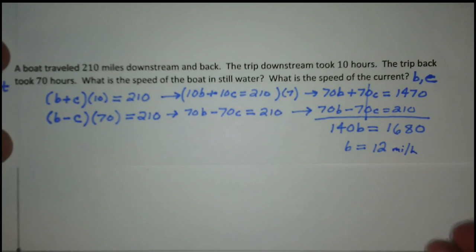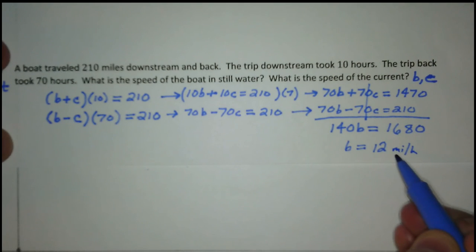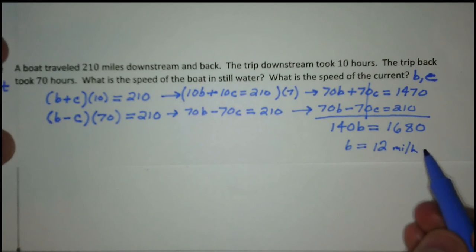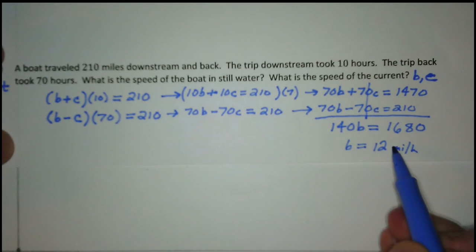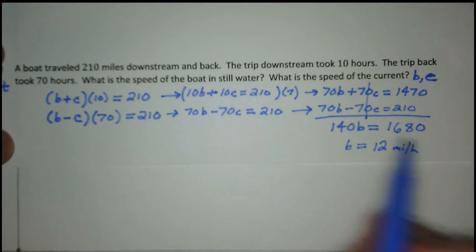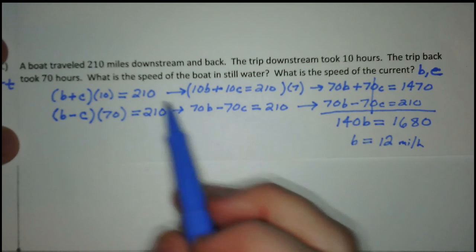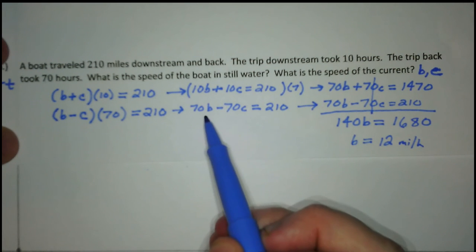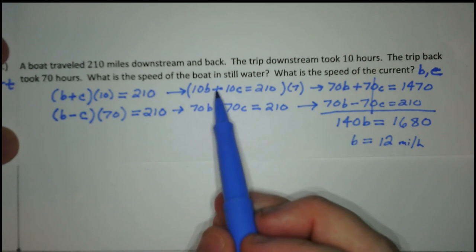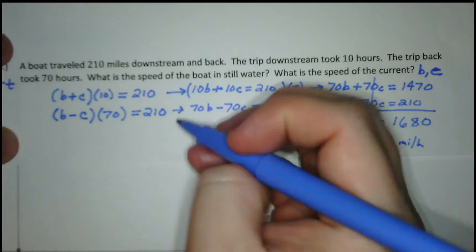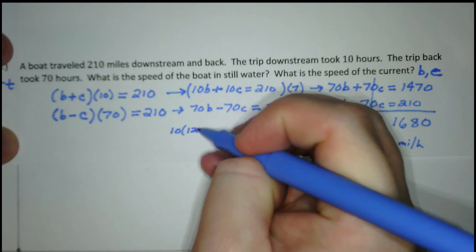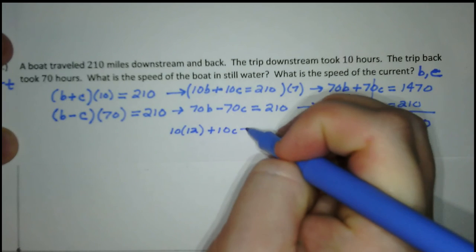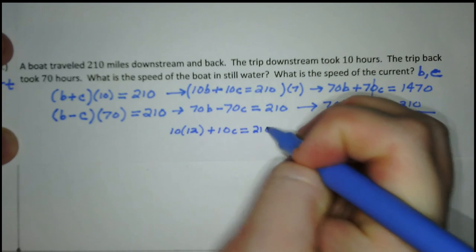Okay? And if B was 12, let's see, what's the speed of the current? So let's use, gosh, what equation could we use here? Let's use this one right here. So 10 times 12 plus 10 times C equals 210.